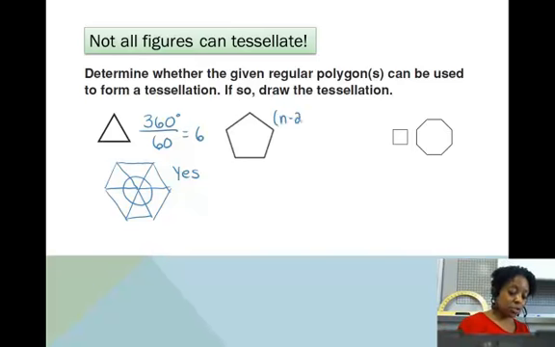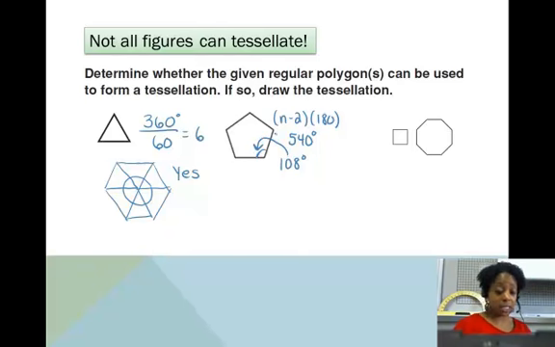It's n minus 2 times 180. That was our equation for the sum of the interior angles. So there's 5 minus 2, so it's 3 times 180. So the interior angles sum up to 540. Now each of them individually, if I divide by 5, is 108 degrees for each individual angle.